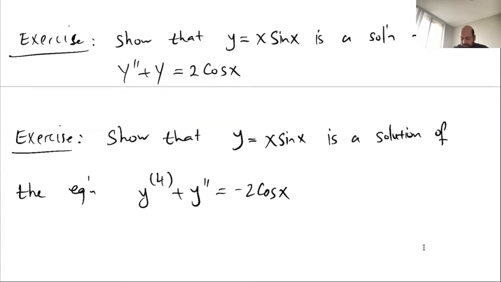Okay, again, take this function, differentiate it 4 times, and then differentiate it 2 times, and then you can calculate this left-hand side. You'll see that once you do the calculation and simplification, the answer becomes minus 2 cos x. That means this function is a solution of this equation.